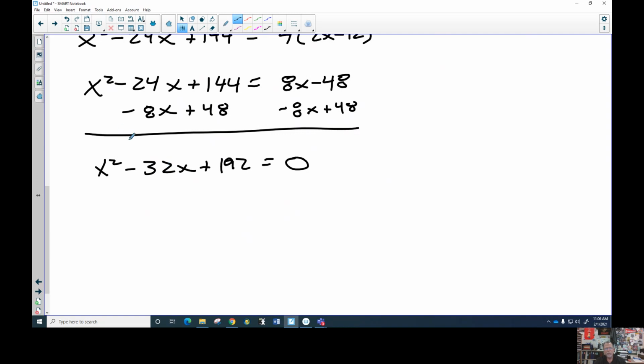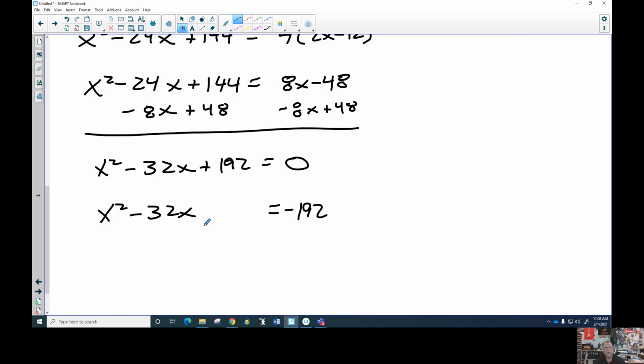Well, I want to demonstrate completing the square. I think 24 and 8 work here, but let's just see. Let's do completing the square. So x squared minus 32x equals negative 192. So half of 32 is 16. 16 squared is 256.